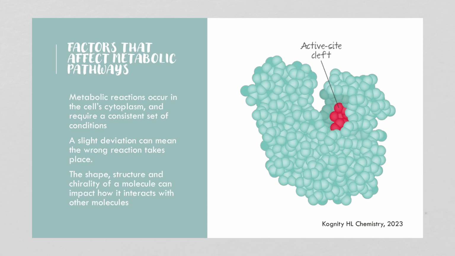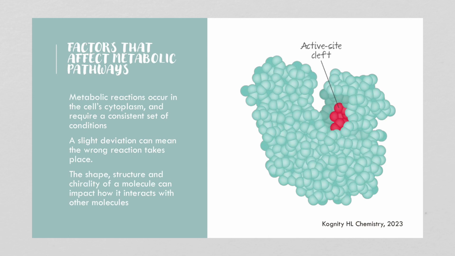Remember that we, humans and other animals and all living things, are mainly composed of water. So all of our reactions are happening in an aqueous environment. The cell cytoplasm is mostly water as well. Because of that, these reactions require a consistent set of conditions, and a slight deviation from that could mean the wrong reaction would take place.